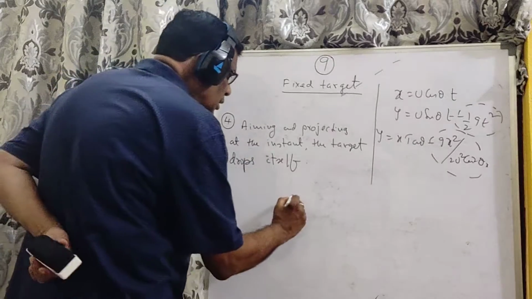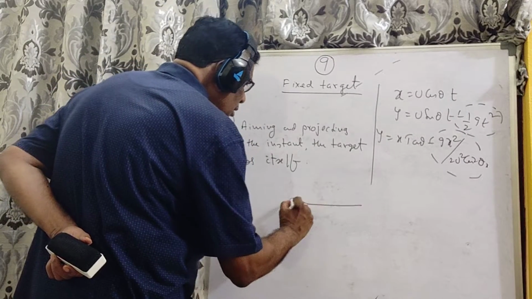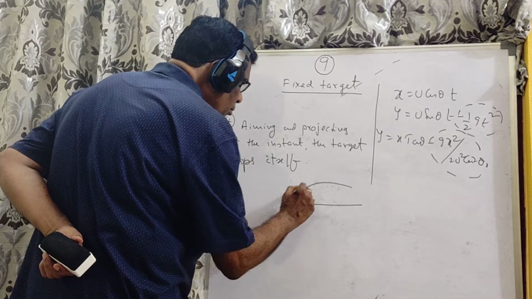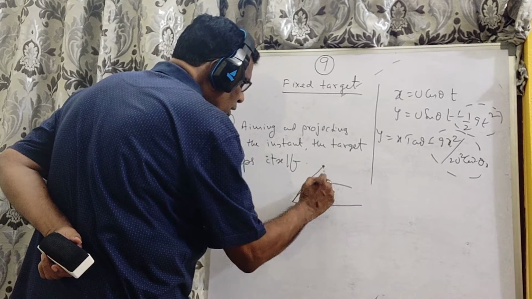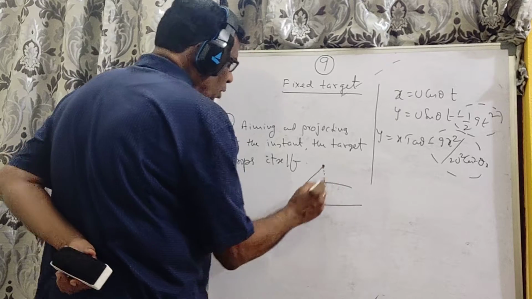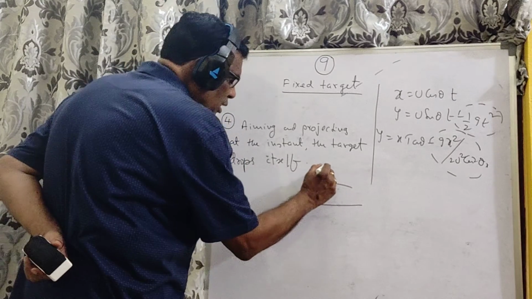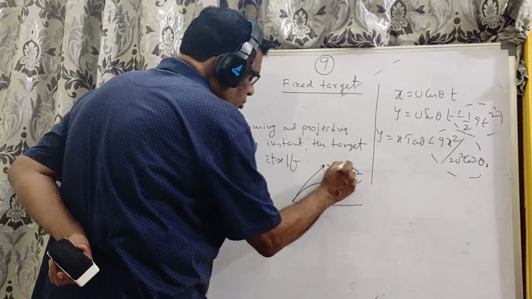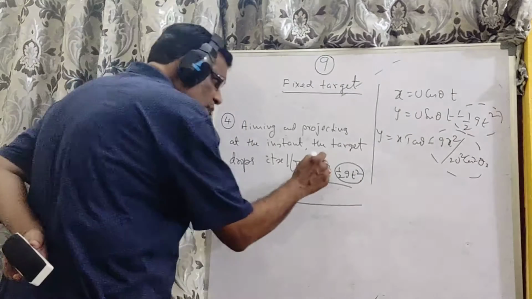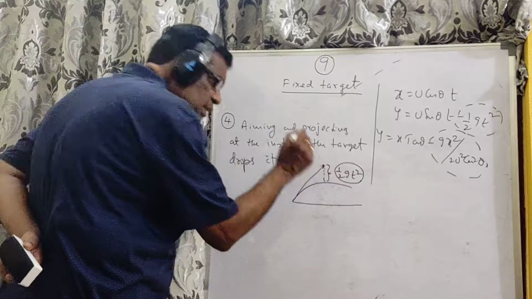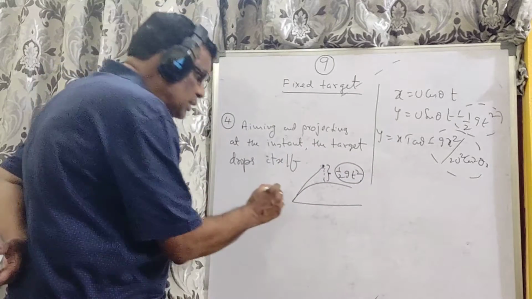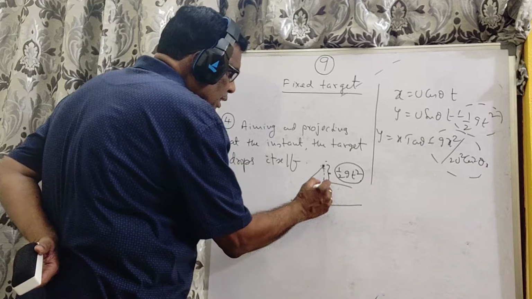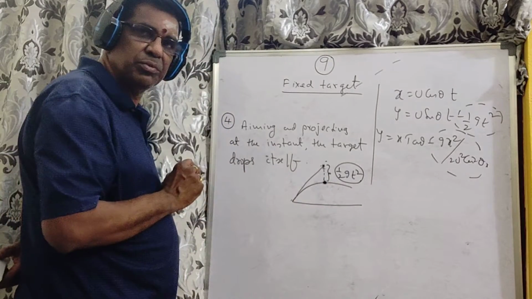Now, this is an interesting part. For example, you say this is the target. If you are aiming and projecting, how much would you miss by? Half gt square. Suppose the target drops itself in the same time t, where does it fall? Exactly half gt square.